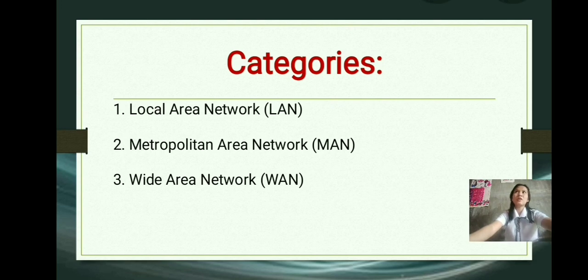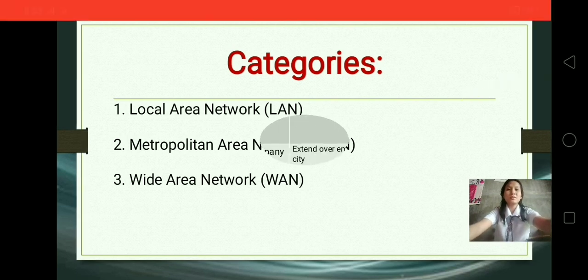For example, the internet connection and mobile broadband connection such as 3G and 4G. So the size of a metropolitan area network is larger than LANs and smaller than WANs, or wide area networks, because it covers a larger area such as a city or town. That is its coverage. So those are the categories.